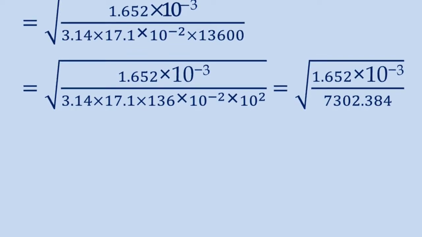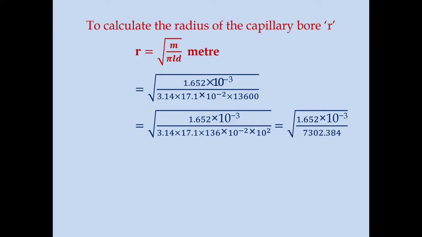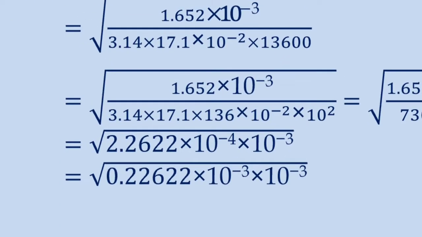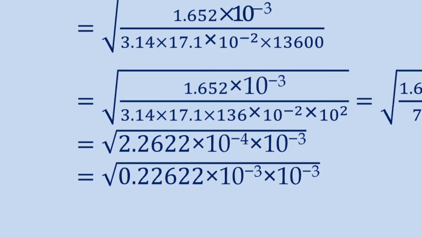In the next step we have multiplied all the denominator values, which comes around 7302.384. Then we are dividing 1.652 by 7302.384, and everything is under a square root. So the answer we get is root of 2.2622 into 10 power minus 4. It will be in the calculator itself.